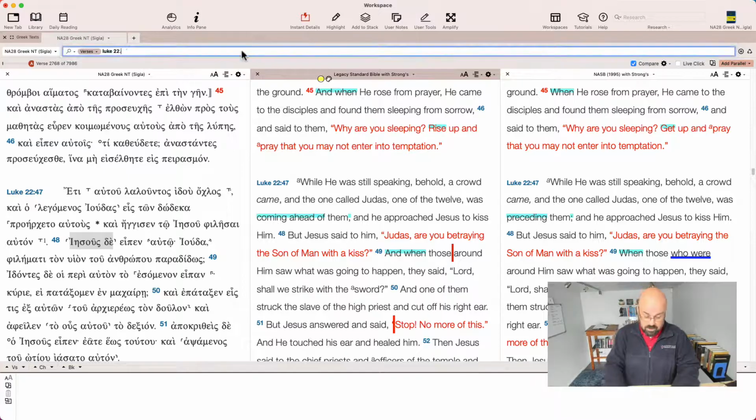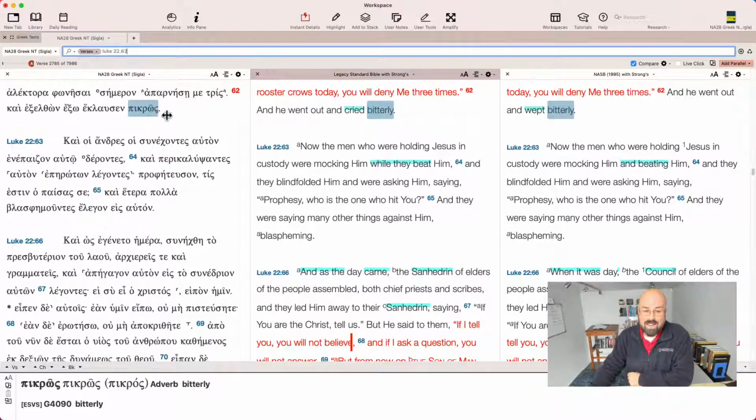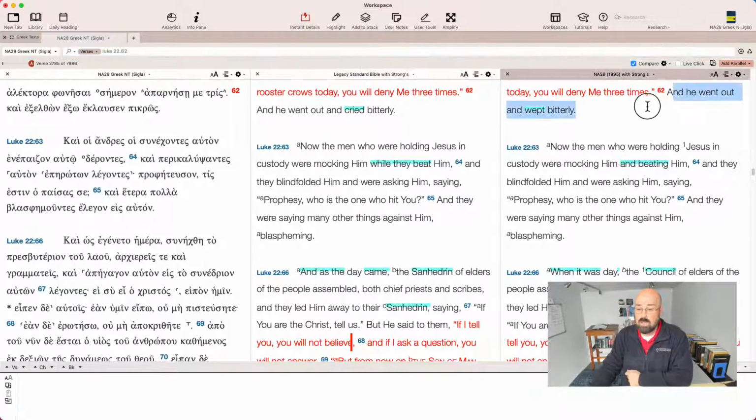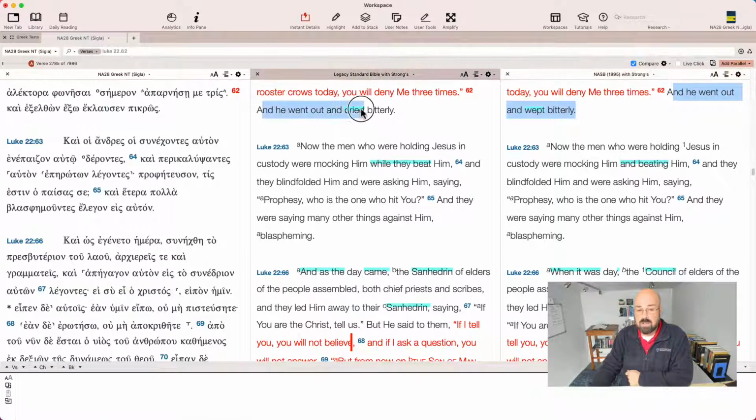Moving down a little bit further to verse 62, here we see an instance where we're replacing archaic terminology or older words that we don't really use very often with newer words. So here, the New American Standard has "he went out and he wept bitterly," and the Legacy translates it, "and he went out and he cried bitterly."